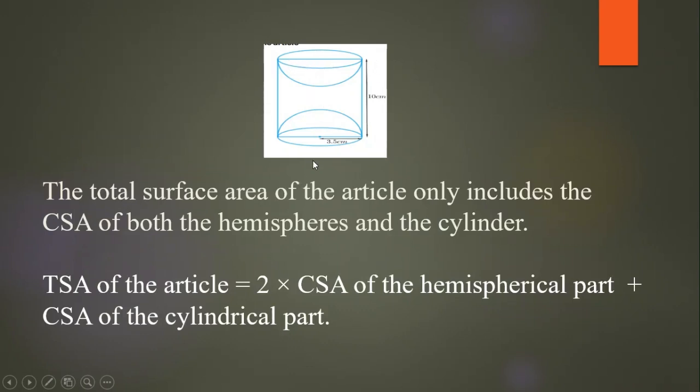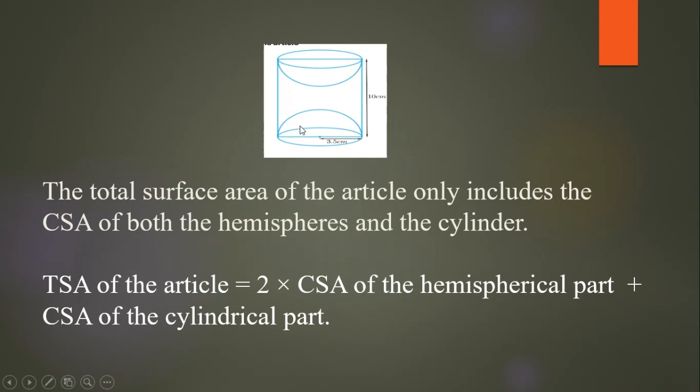That's why we have taken 2 into curved surface area of the hemispherical part, plus curved surface area of the cylindrical part. Then we are able to find the total surface area of that particular wooden article.